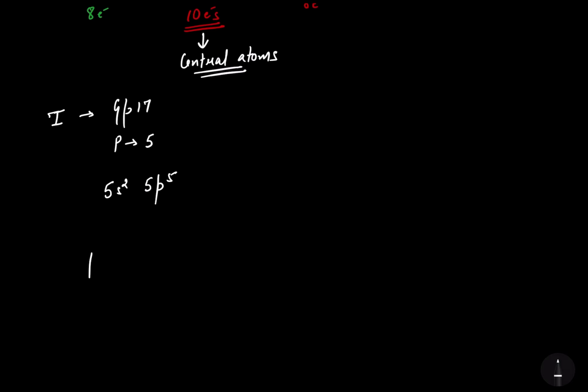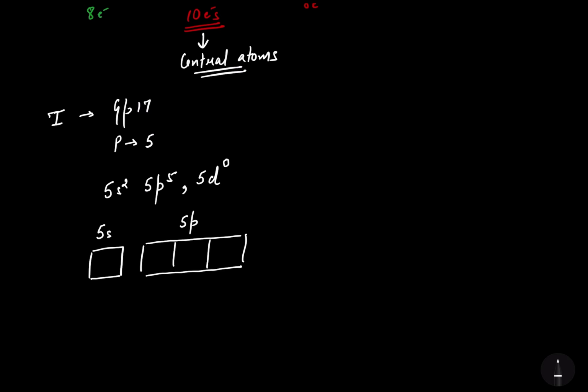In case of s subshell, we know that we are having only one orbital, that's 5s, and in case of p subshell, we know that we are having 3 degenerate orbitals, the orbitals which are having equal energies, that's 5p. Now in the fifth shell, we are having 5s subshell, 5p subshell, and one more subshell, that's 5d, which is vacant, so I'm marking 0 electrons over here.